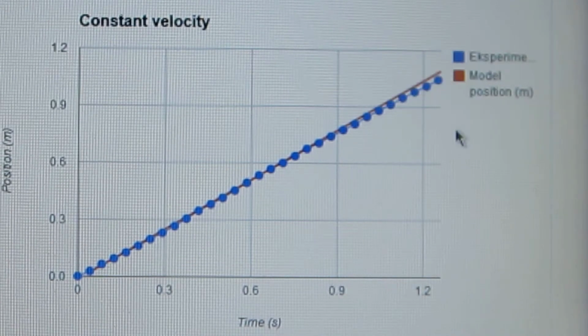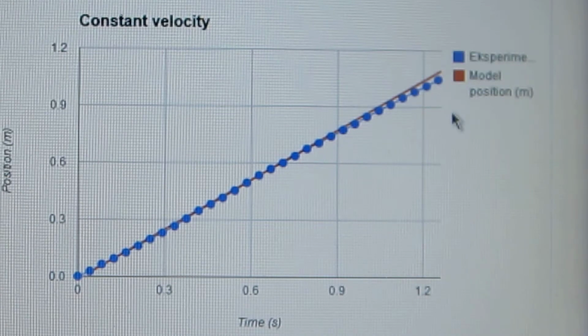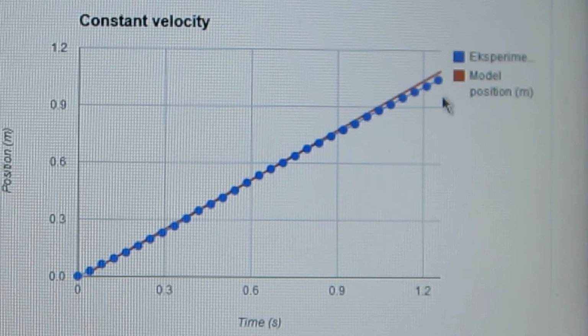At the end here, the model position differs from the experimental because there is some friction, perhaps. And that's that.